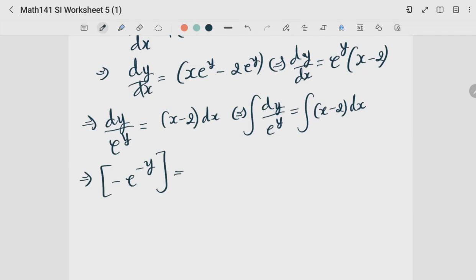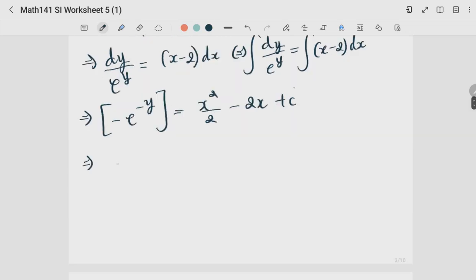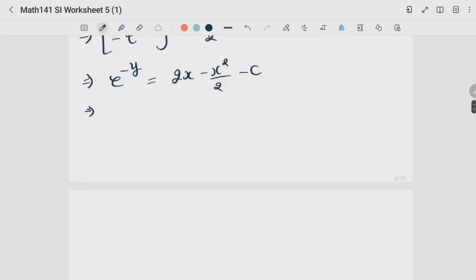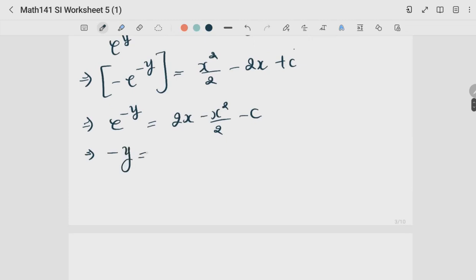And that is equal to the integral of x minus 2, which is x squared over 2 minus 2x plus c. This is therefore equal to e to the negative y being equal to 2x minus x squared over 2 minus c. Introducing ln on both sides, we have negative y is equal to ln of 2x minus x squared over 2 minus c.